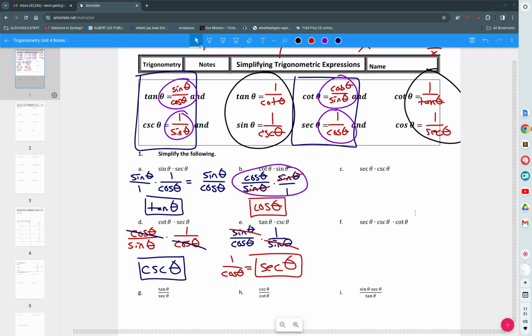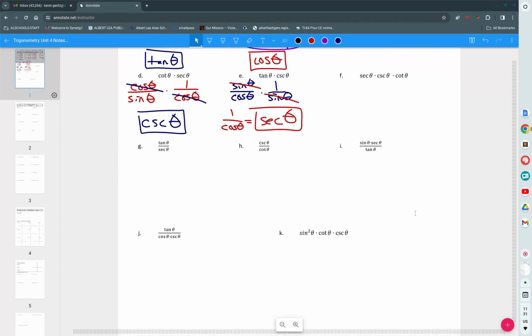What's different about this one? There's 3 of them. And so I'm going to rewrite secant as 1 over cosine, times 1 over sine, times cosine over sine.